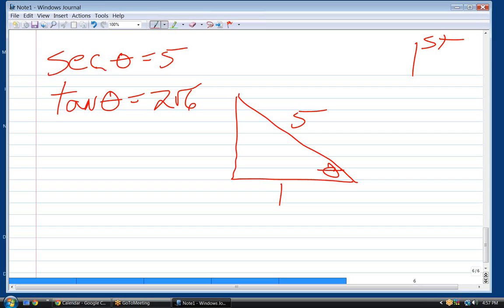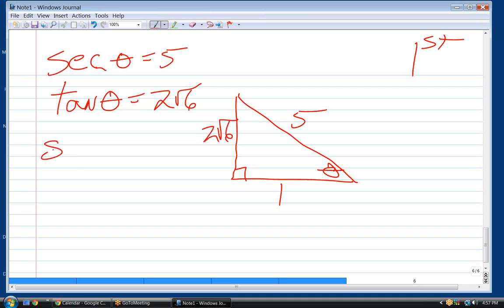And then the next one would be 2 square root of 6. Yeah, and we could figure that out ourselves, I could apply the Pythagorean theorem, but since they've given us the tangent, I know that has to be 2 square root of 6, since I already got a 1 down there.